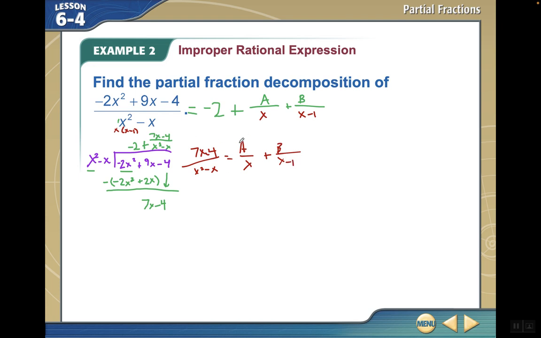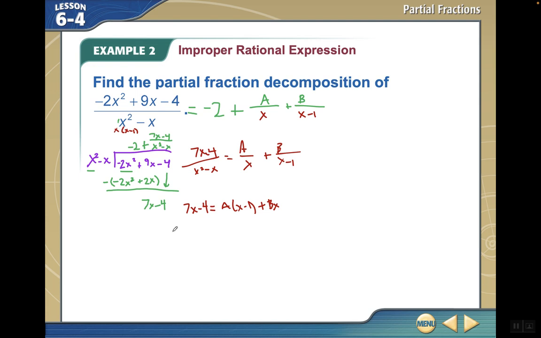So we're going to do just like we did before. 7x minus 4 is equal to A times the x minus 1, and I'm going to multiply the B times x.